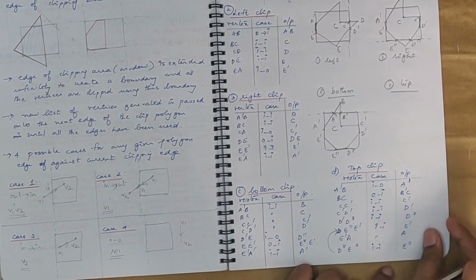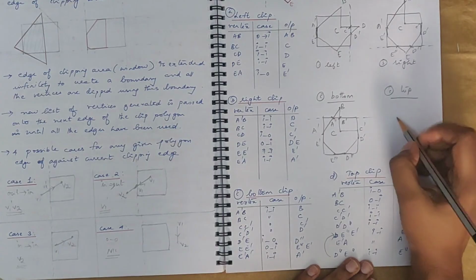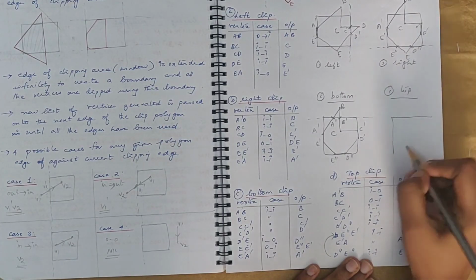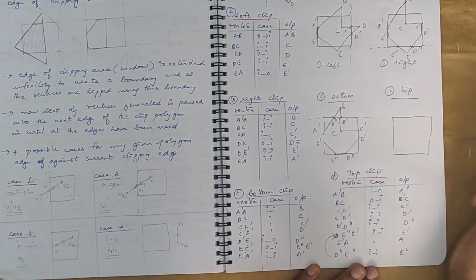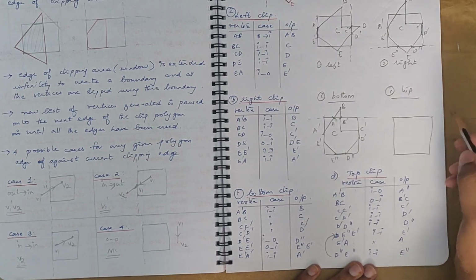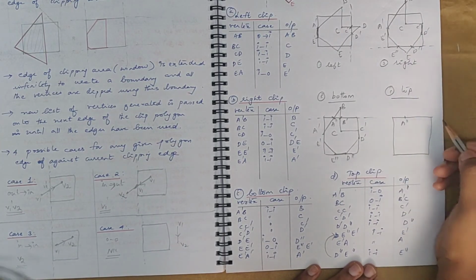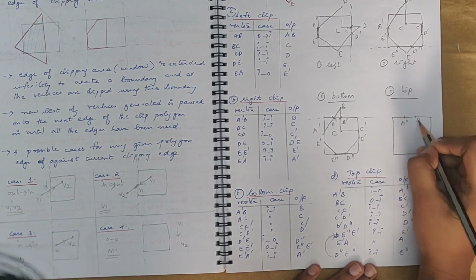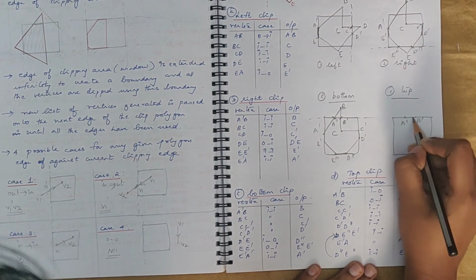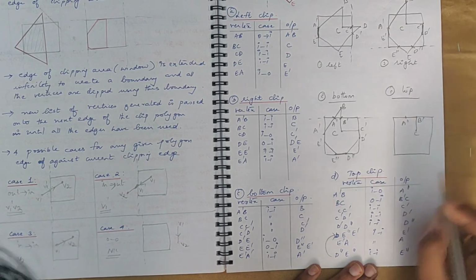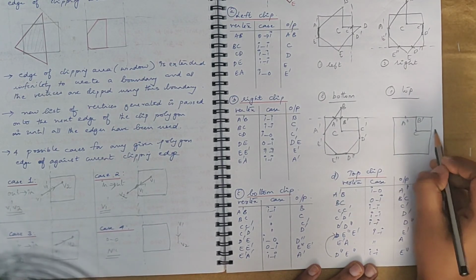So let me draw the final set of vertices. You start with A double dash. A double dash is here. Then you have B dash, C, right? Then you have C dash.